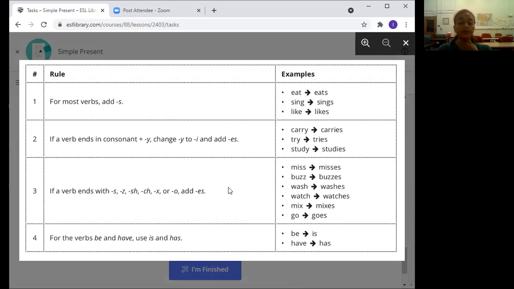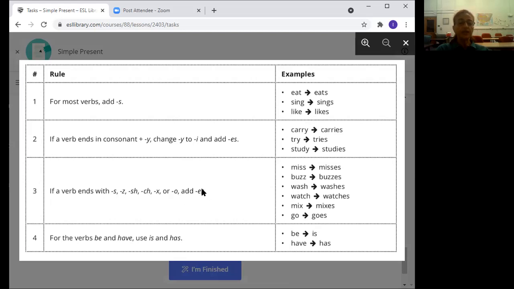Okay, so let's take a look at the verbs that end with these sounds. These are called sibilants, all kinds of hissing type of sounds like s, sh, ch, x, these kinds of sounds.